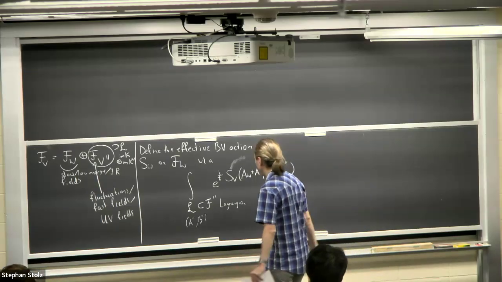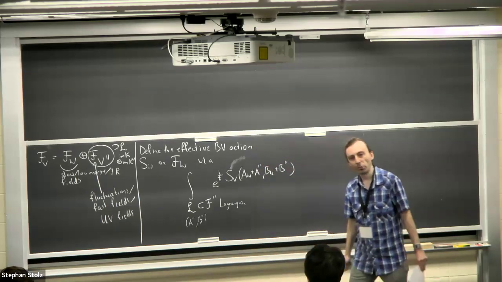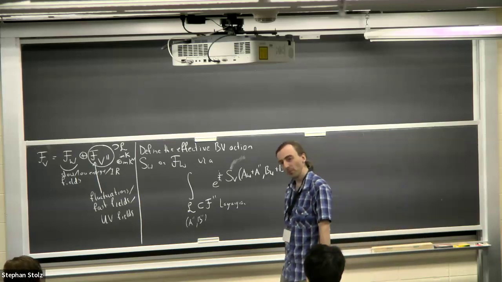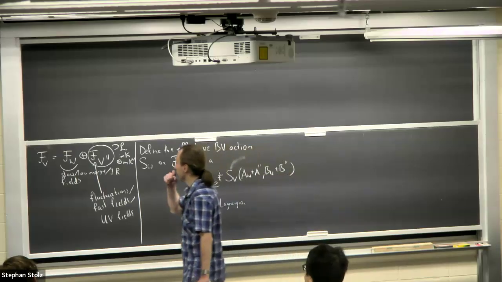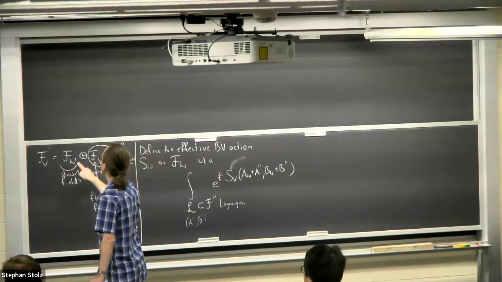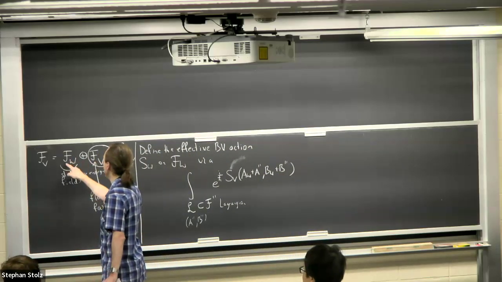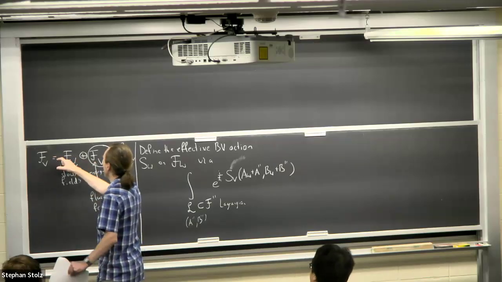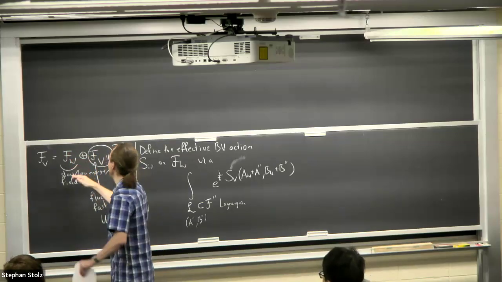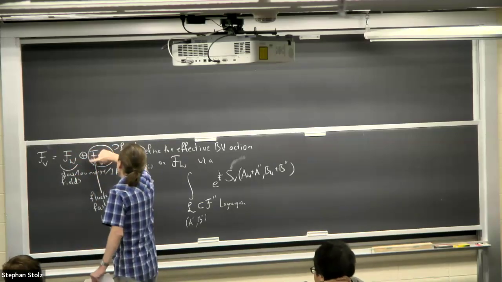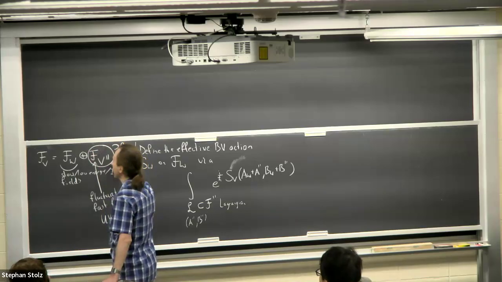How do these subspaces interact with the symplectic form? This is a splitting into symplectic subspaces. The symplectic form is a direct sum of a symplectic form from the first summand and one from the second, and inside this second symplectic space I have a Lagrangian subspace.